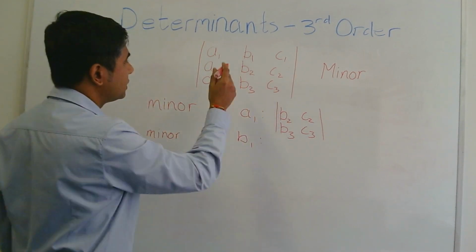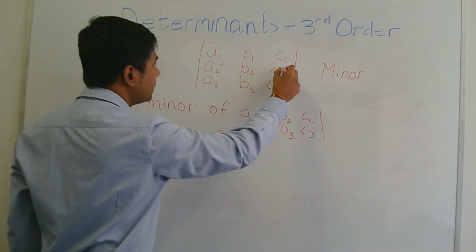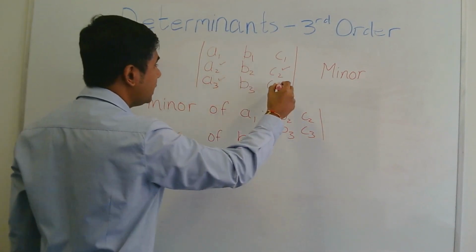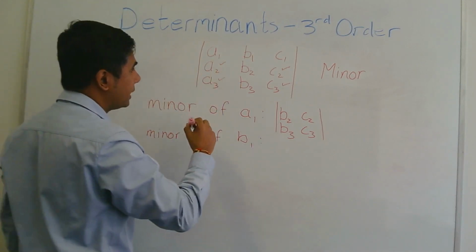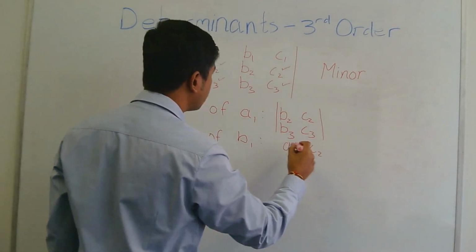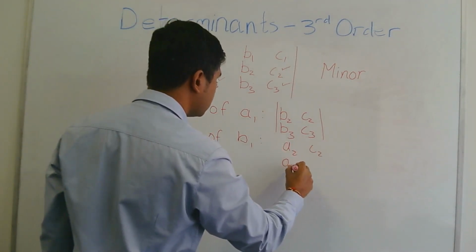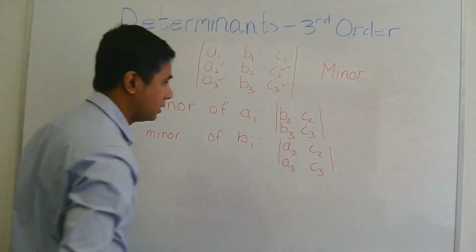And what's left, if we block out row 1 and column 2, is A2, C2, A3, and C3. So the minor of B1 is A2, C2, A3, and C3. And we make a determinant out of that.